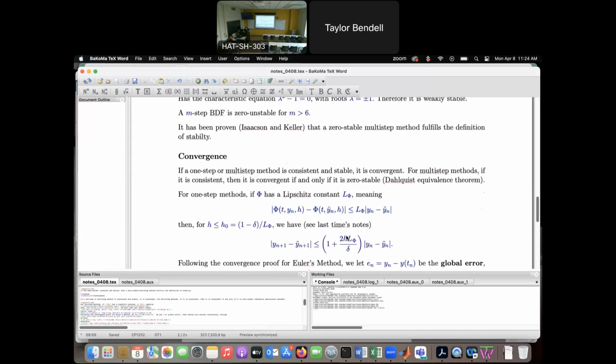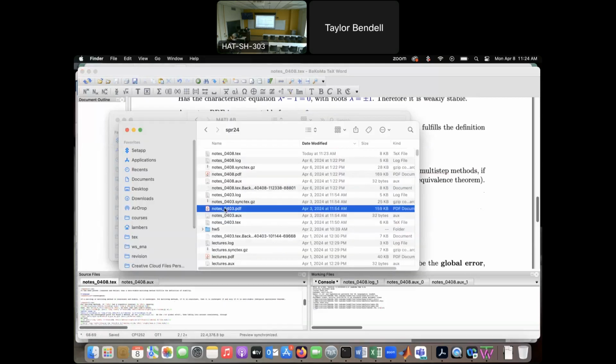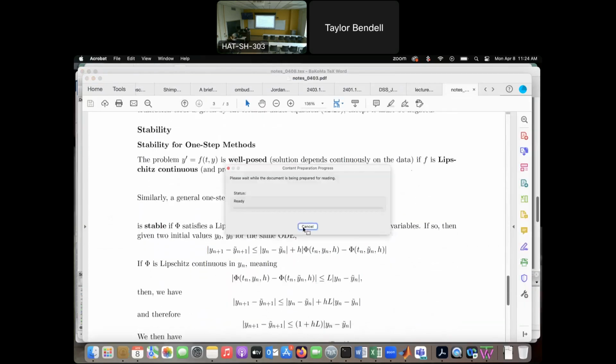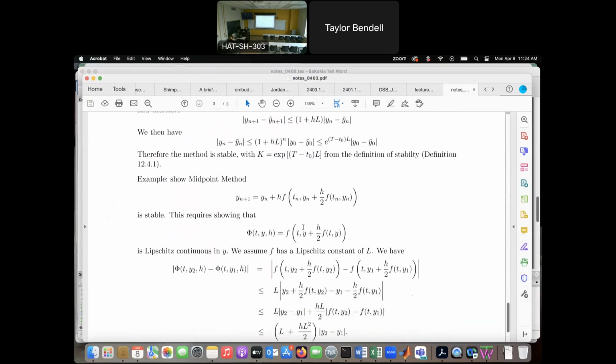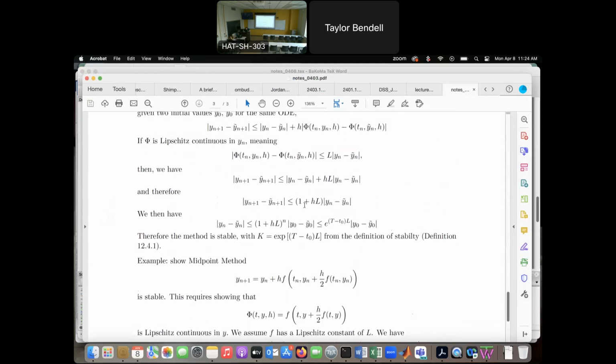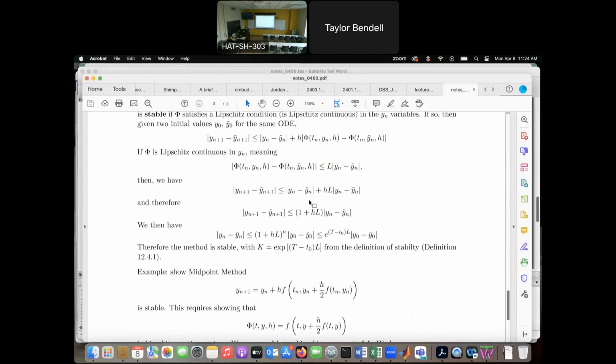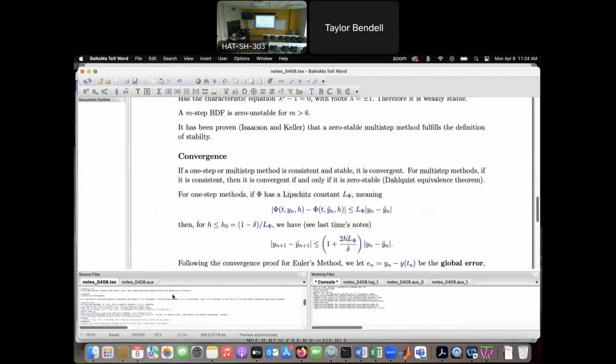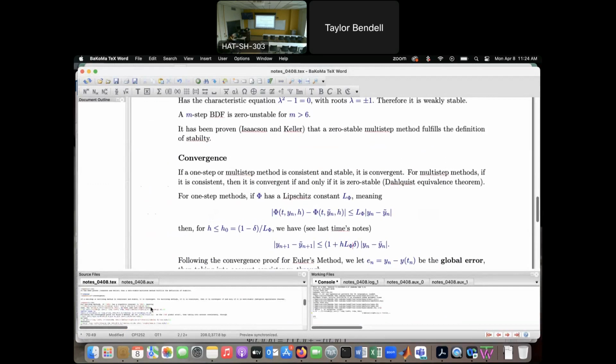I need to recover this from last time's notes, because things changed a little bit. So this expression should be changed. It's just 1 plus HL.